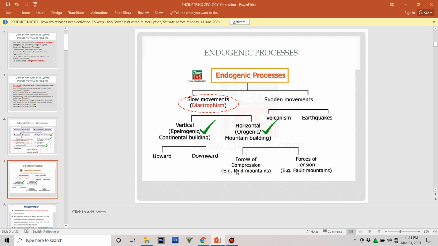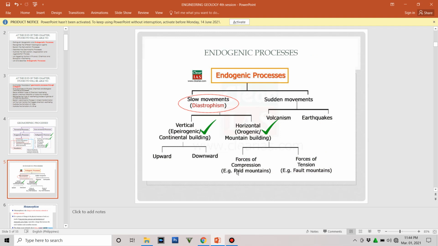And then the same movement under diastrophism, we have also horizontal or orogenic, or what we call the mountain building. So, we have several examples and the pictures witnessed last time about the orogenic and epeirogenic as well.